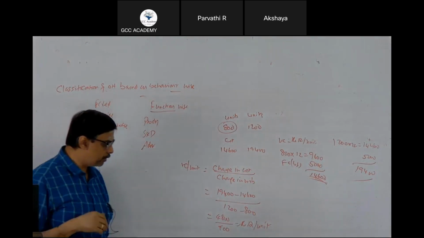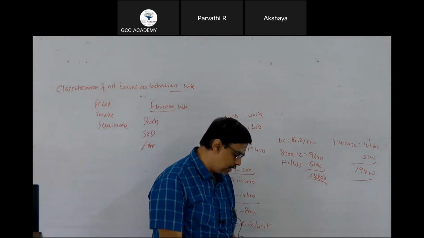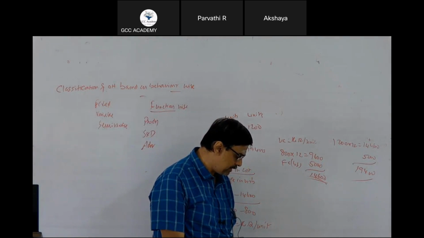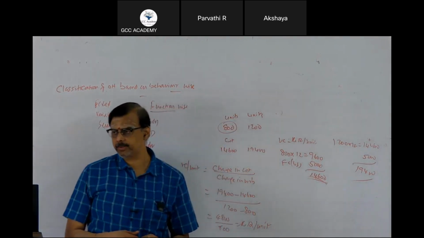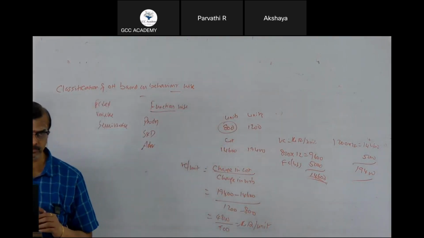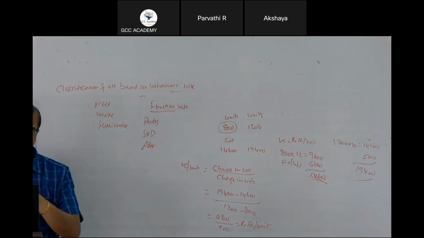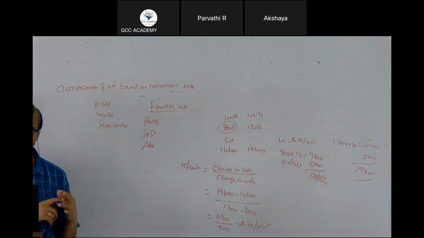There are a lot of interesting problems on this. We will do that in the next class. And then we will be moving on to machine overheads as a part of the overheads topic. Once machine overhead is done, you will have the fundamentals: basics, cost, material, labor, overheads.